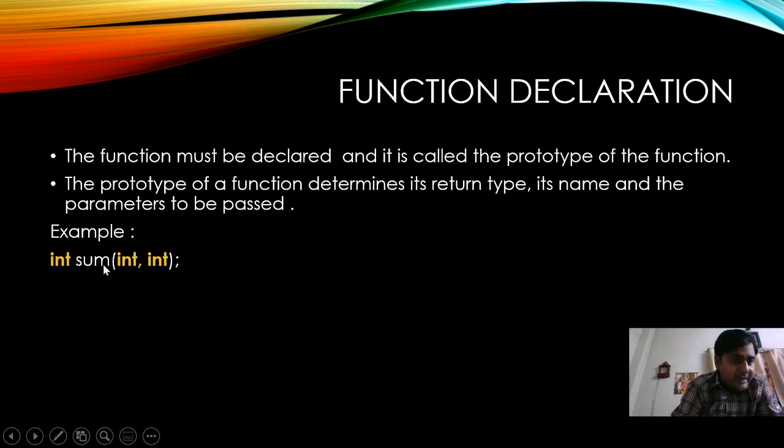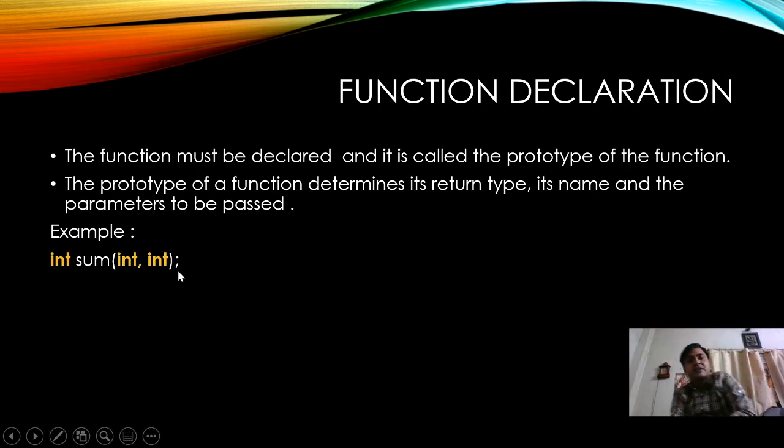Since our function will be adding two numbers, the function name is best described as sum, and the function is expected to add two integers, so the arguments passed into the sum function must be integers. This is called the prototype of a function.